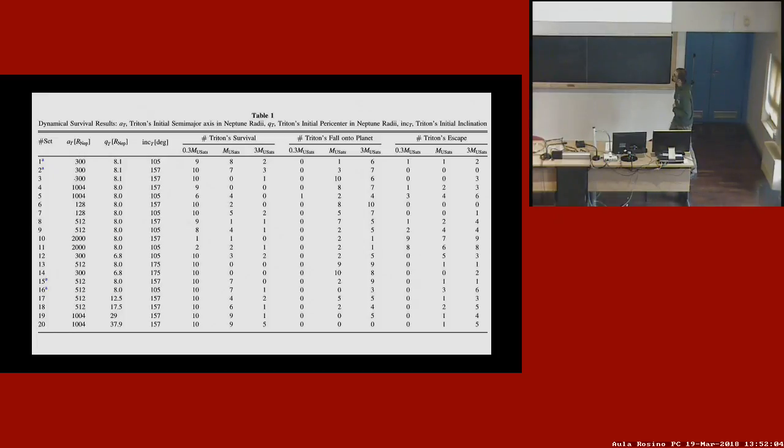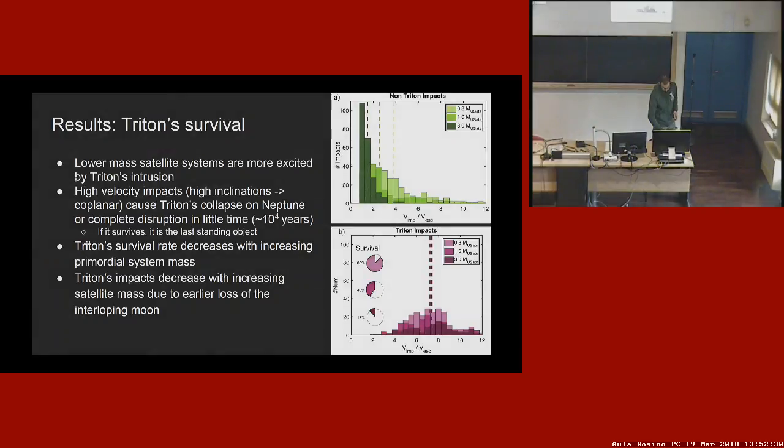And as you can see, you can already see some patterns, like a very low mass primordial moon system actually grants many times the survival of Triton, while heavier systems are more likely to either destroy or eject Triton.